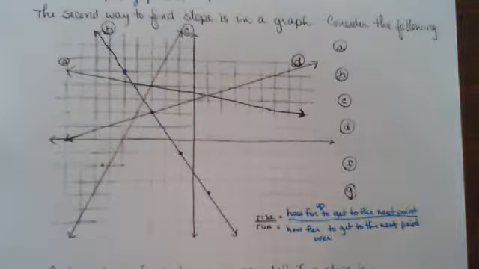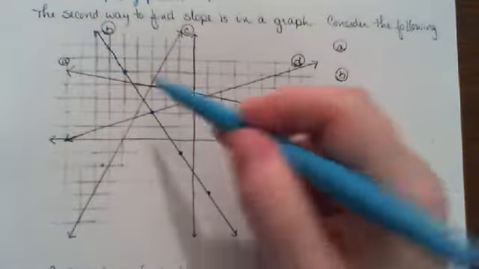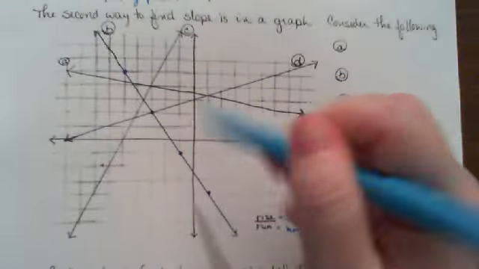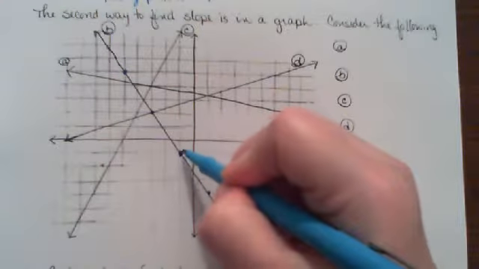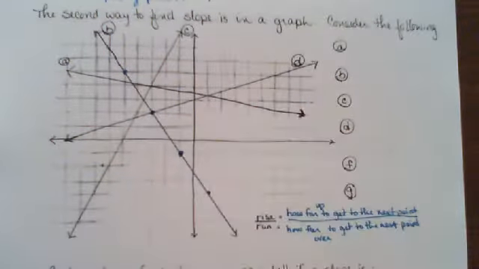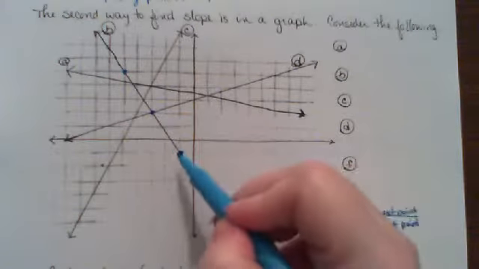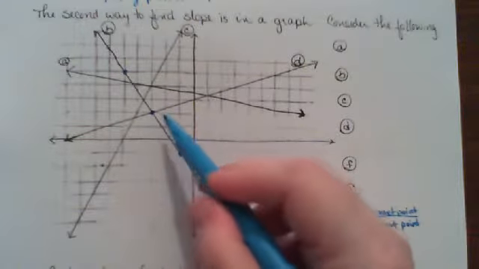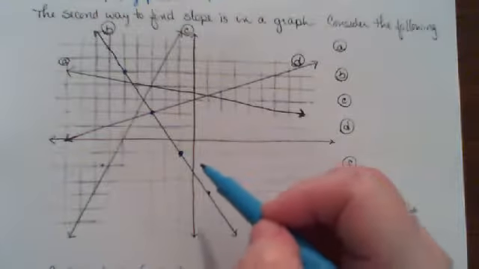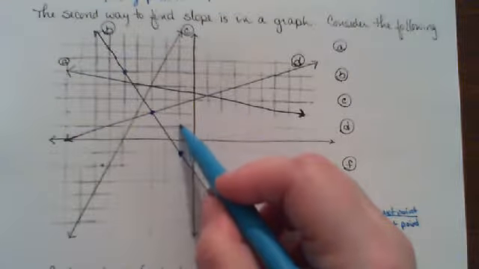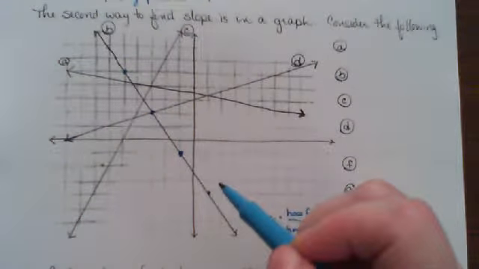Fractions are good. So when I look at this line, let's say I use this point down here and this point right here. If I start at this point and I count to see how far up I have to go to get to that point, I go up 1, 2, 3.